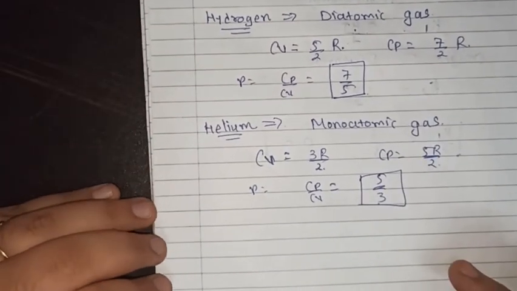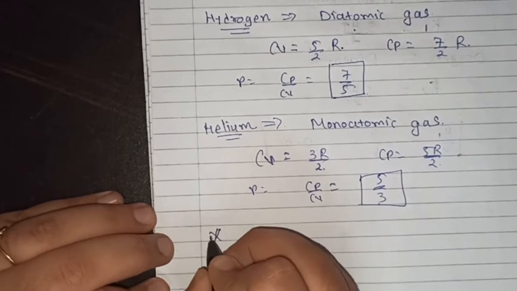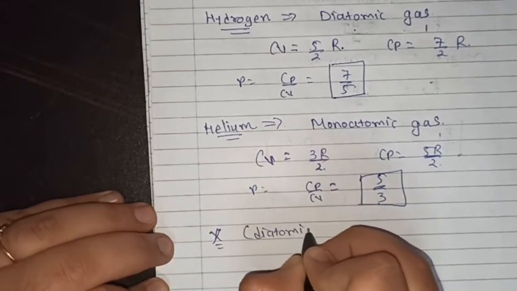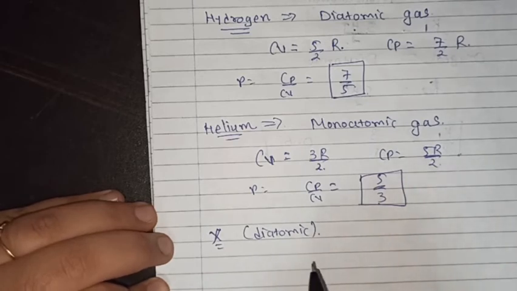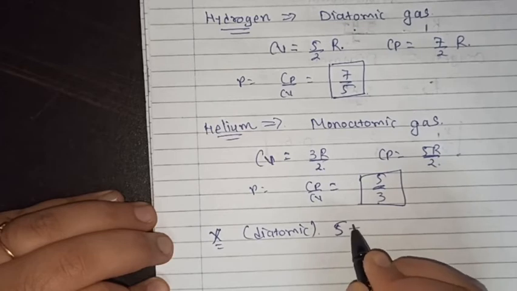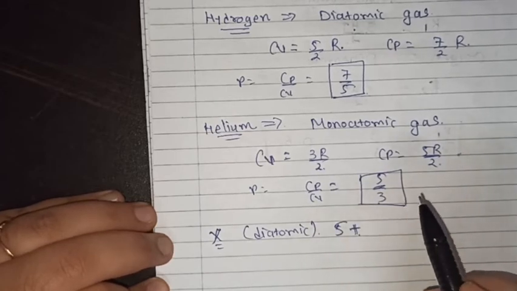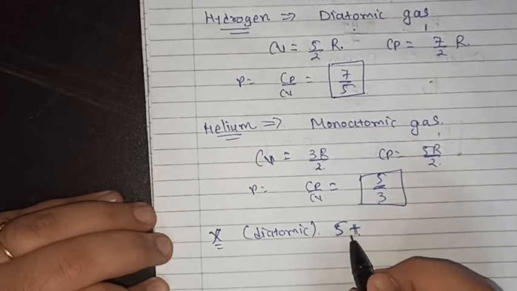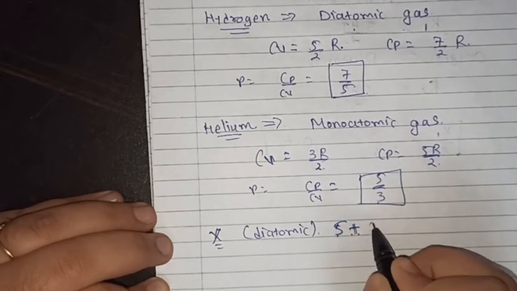Now let us take the unknown gas X. It is diatomic. For diatomic, degrees of freedom are 5, plus it is given that we have to consider the additional vibrational mode. So degrees of freedom will be 5 plus 2.